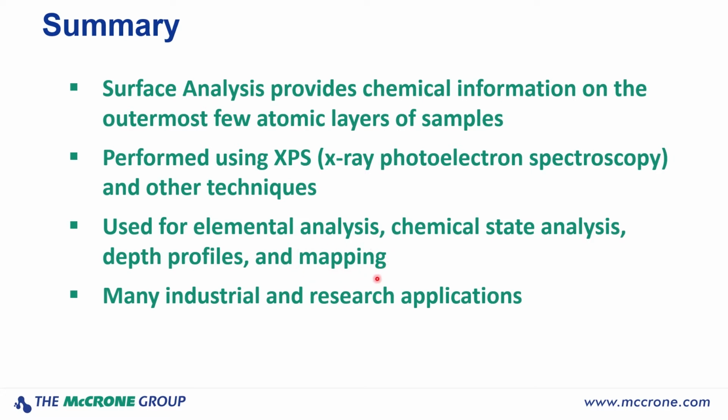One area we didn't get a chance to talk about today is that it also can map the distribution of materials on a surface. The many industrial and research applications include any time two surfaces interact or a surface interacts with a heterogeneous liquid or gas material.